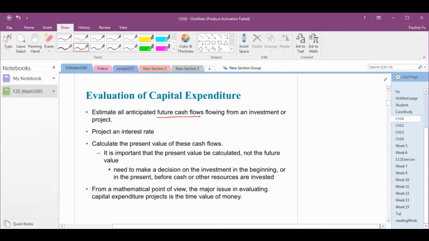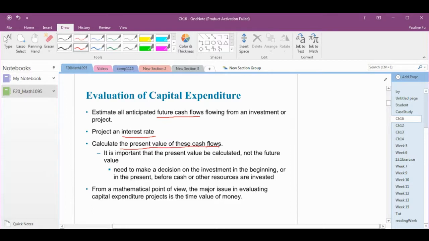Okay, anticipate all future cash flows for the project. And also you need the interest rate. If you don't have one, you can assume one, and then make adjustments based on the assumed value. Next, you calculate the present value of these cash flows.